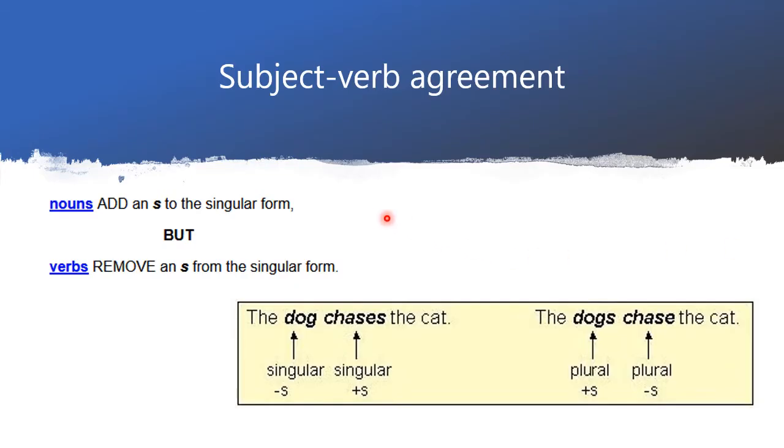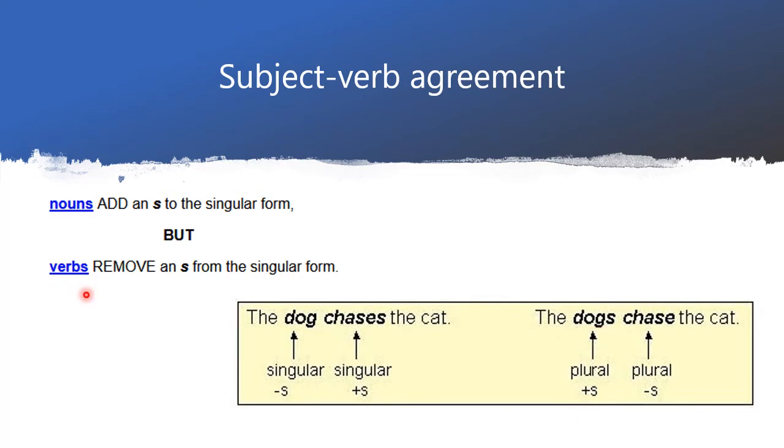Now let's see. So this one, the nouns, you add an s to the singular form, it will be plural. So like this, this noun, this dog is singular. No s, right? But when you add s, it is plural.